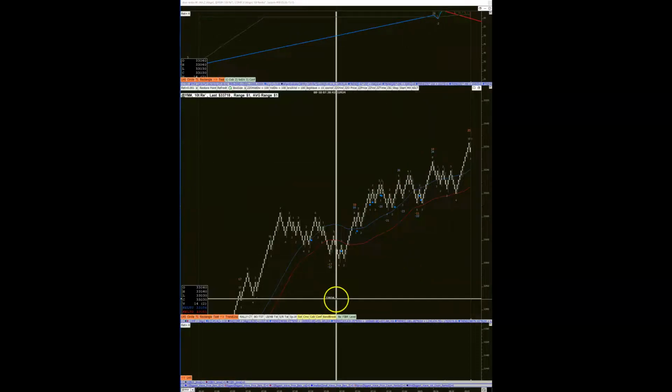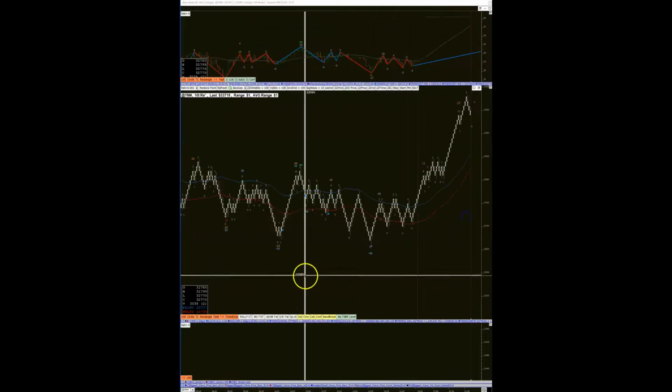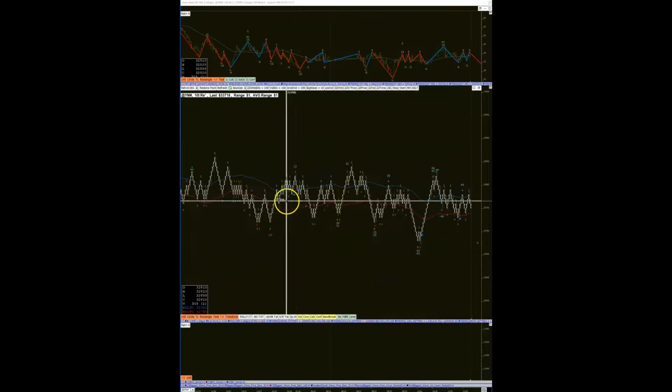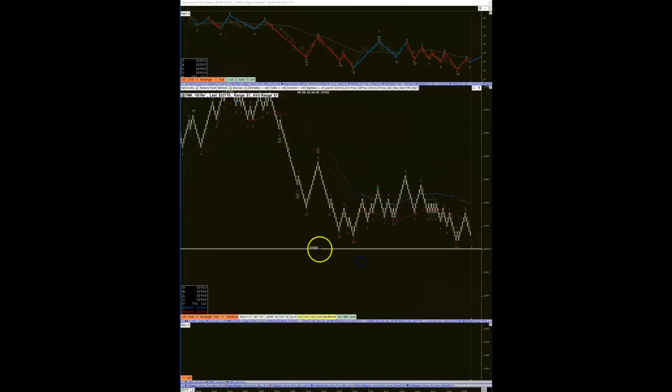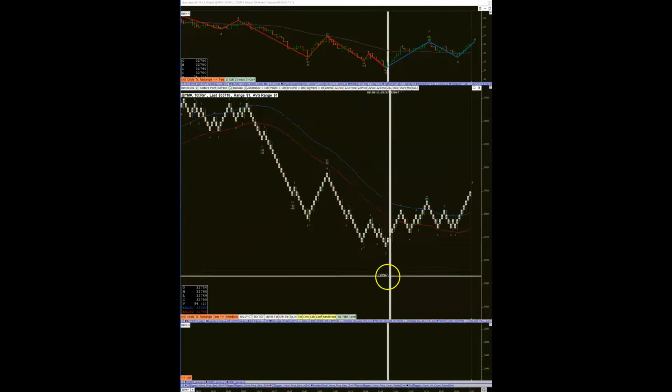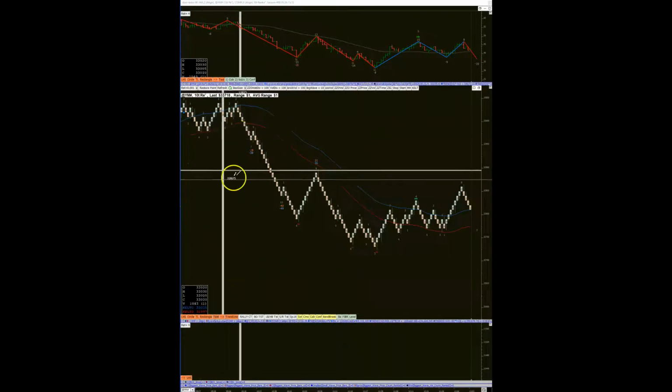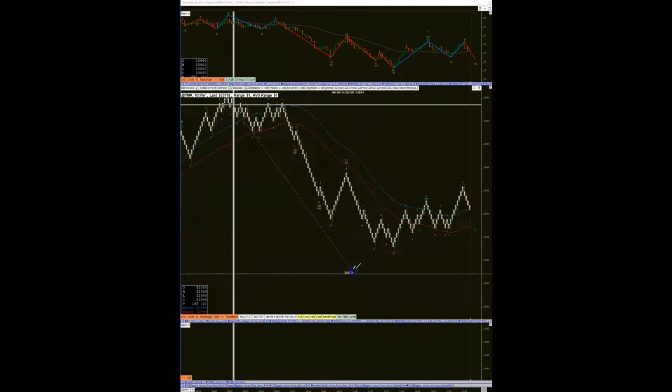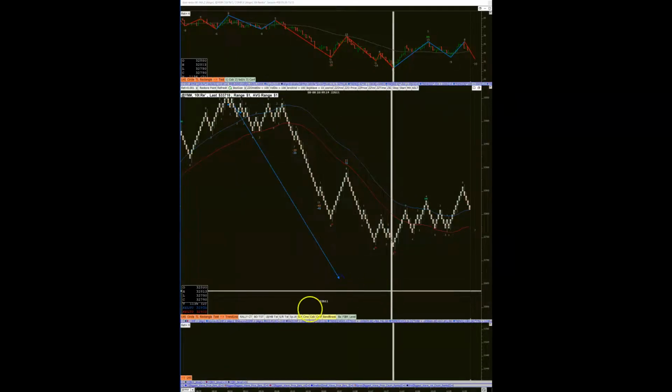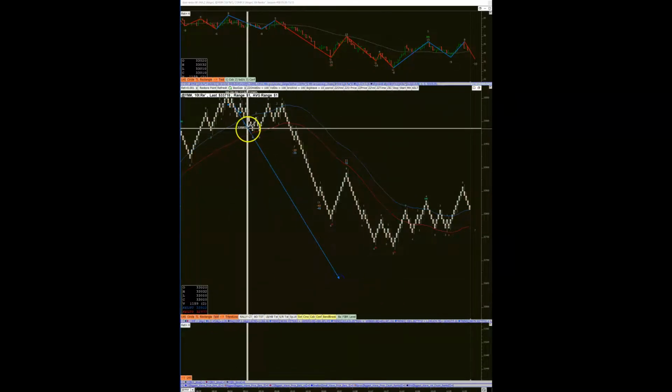Right, it needs to be a heavy selling. There should be a change of behavior after it. This I cannot really read because it's all messy in the middle. But here, you'll see here again. You just draw a line. Right?